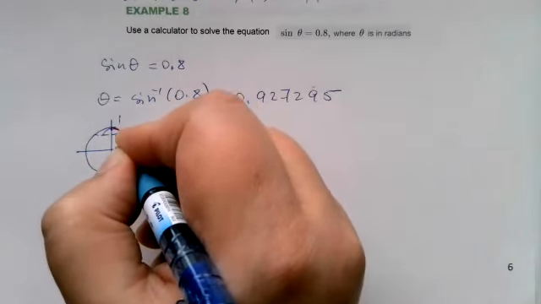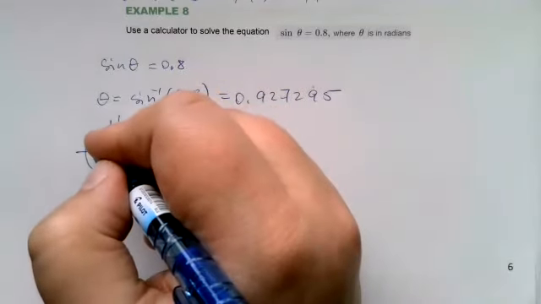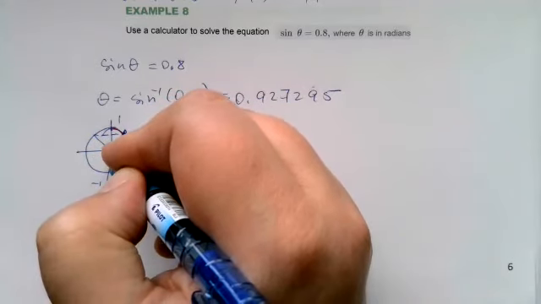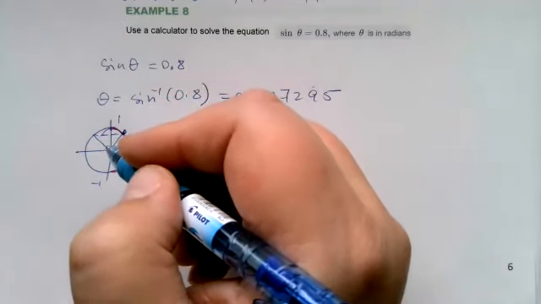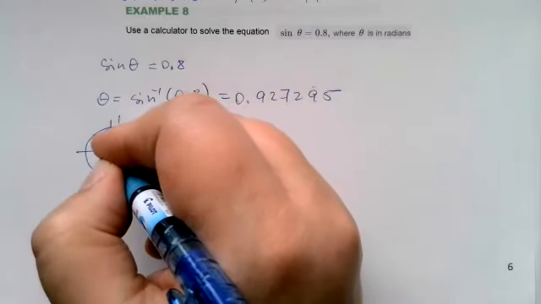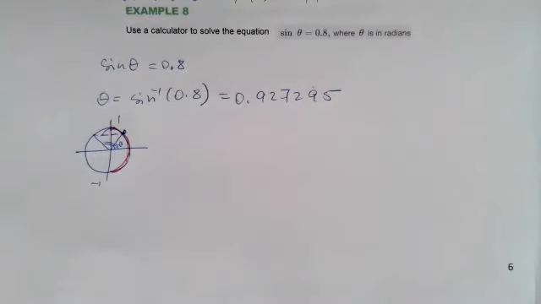That's the angle that we found, right? But we know that there is another angle on this side, and we're gonna call it theta prime. So this is our theta, and this is our theta prime.